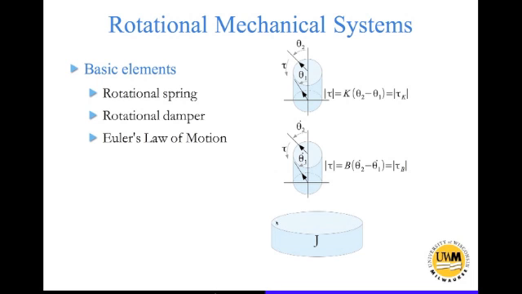For that, in place of the mass, what we will have in the rotational system is the moment of inertia, generally denoted by J. If you have torques acting on this rotational body, then Euler's law of motion says J times theta double dot, the angular acceleration, is equal to the sum of all torques, which in this case is tau A minus tau B. Tau A, as you see, is in the counterclockwise direction, tau B is in the clockwise direction, therefore it's negative, tau A is positive. So J theta double dot is the sum of all torques, which is tau A minus tau B.